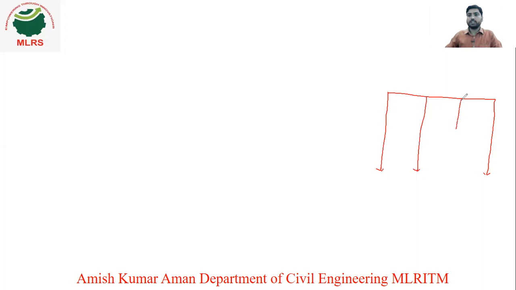Here you can see we have a two story frame, right? This is your A, B, C and D. This is E, F, G, H. So this is a two story problem.